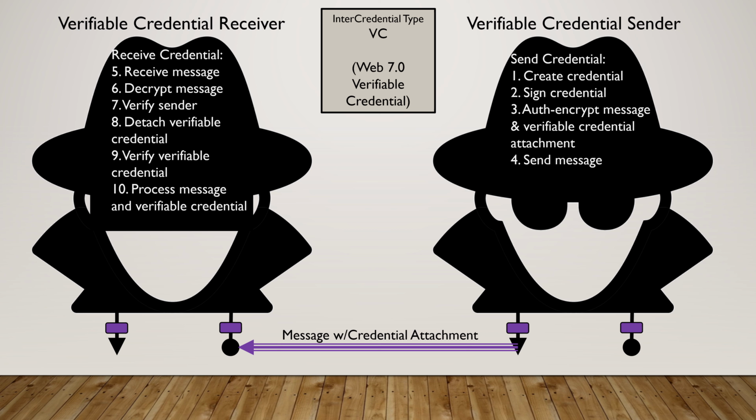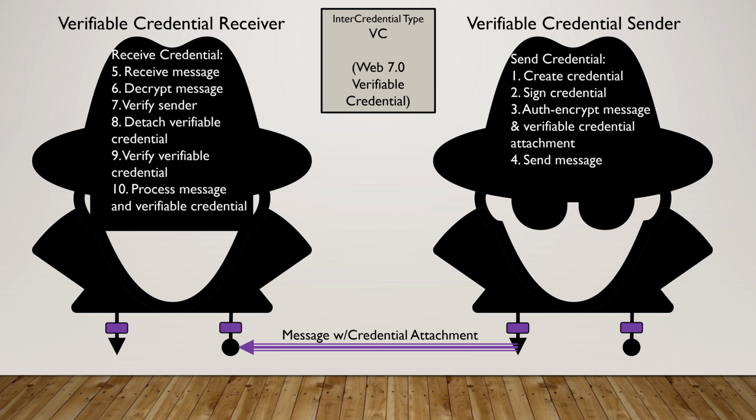On the right-hand side, the verifiable credential sender needs to create the credential and sign it, auth encrypt the message and the verifiable credential attachment, and send the message. So the only additional step here is step 2, where we're signing the credential, attaching a verifiable proof, a verifiable signature, to the credential before we auth encrypt it and send it across to the receiver on the left.